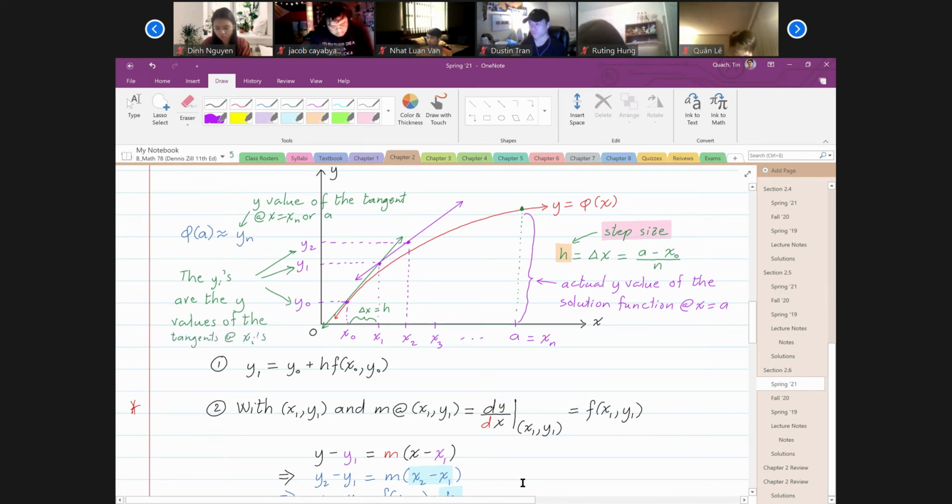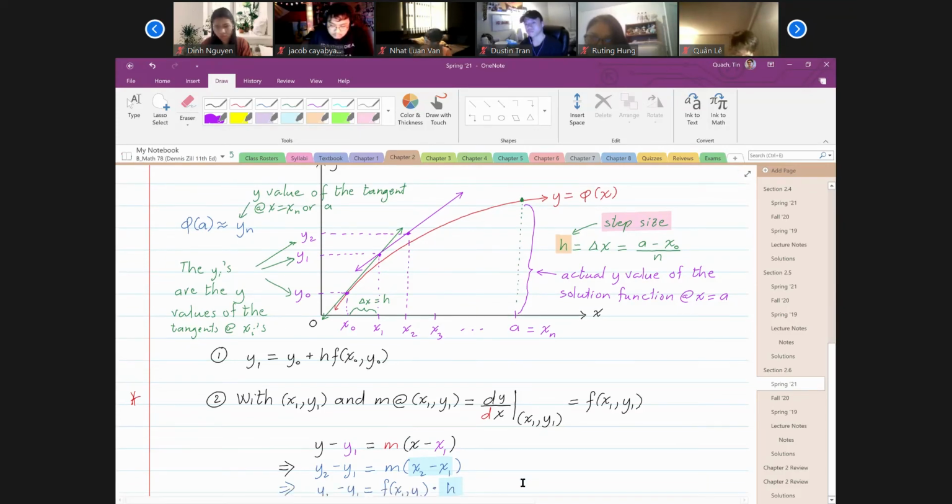Okay, so y1 is the y value at x sub 1, y2 is the y value at x sub 2, and so on. Okay, so you need to understand the process there.